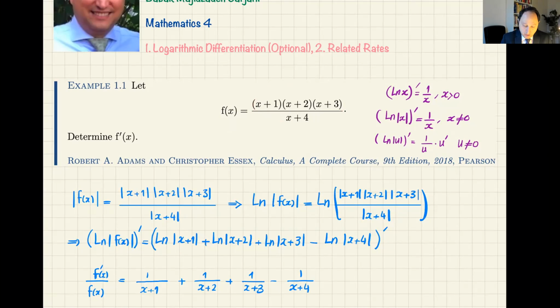This is why first I take the absolute value, to guarantee that what appears in front of ln is a positive number. And fortunately, there is no difference between the derivative of ln including absolute value or not including absolute value. So this is why in this example I'm taking the absolute value in the first place, which I probably forgot to say.